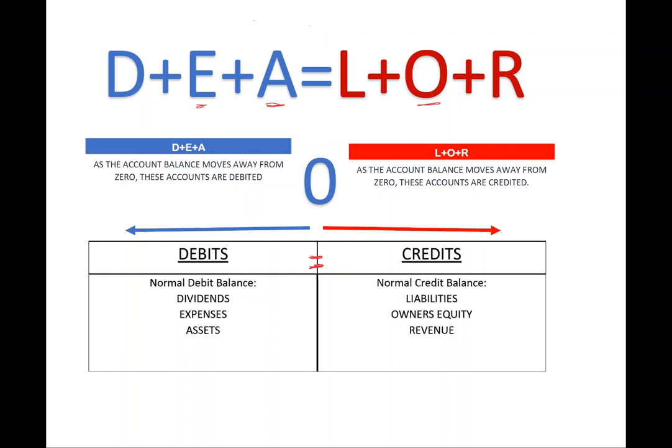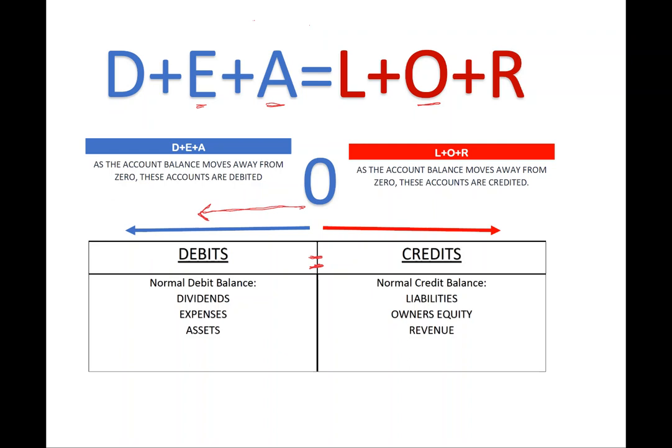When you have an increase in cash, you will be debiting the cash account. When you have an increase in cash, the balance of that account is moving away from zero. So we will be debiting that account, meaning it's increasing.